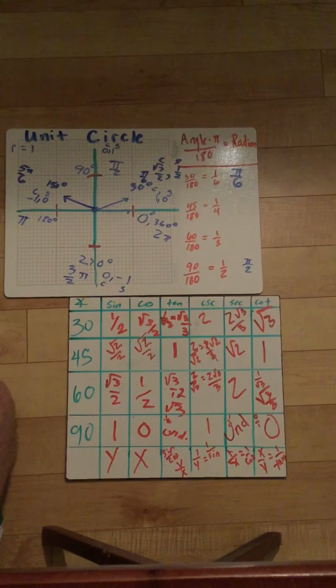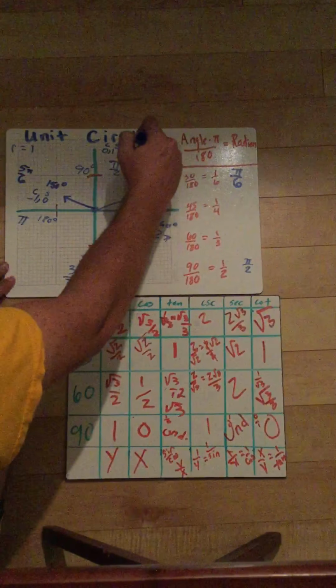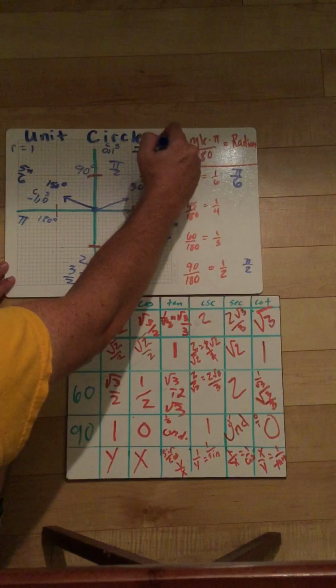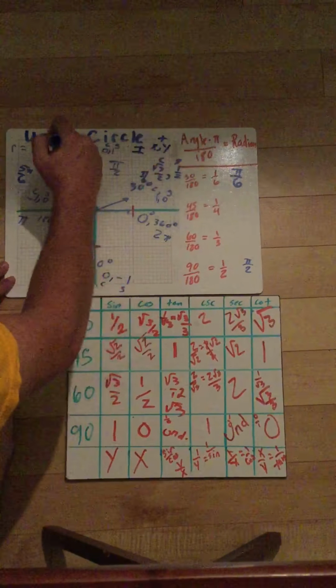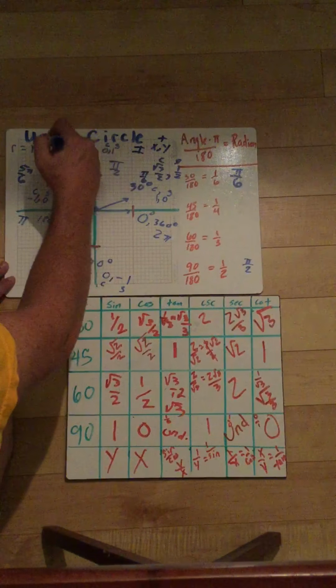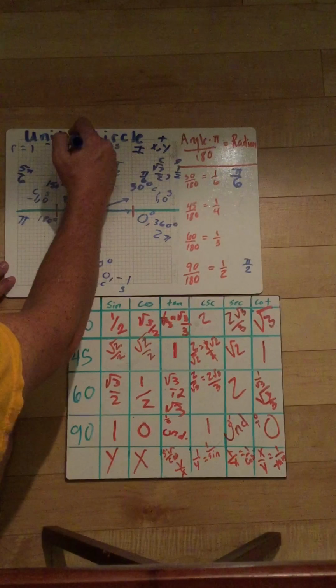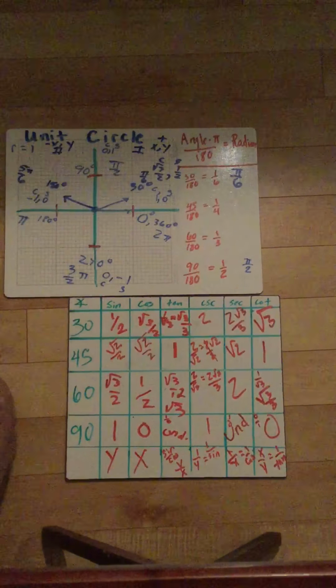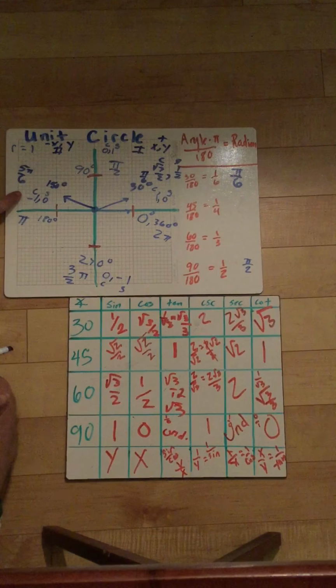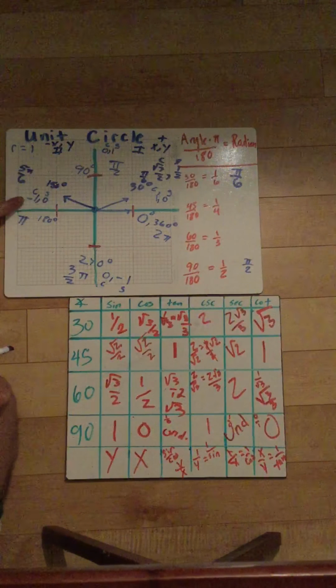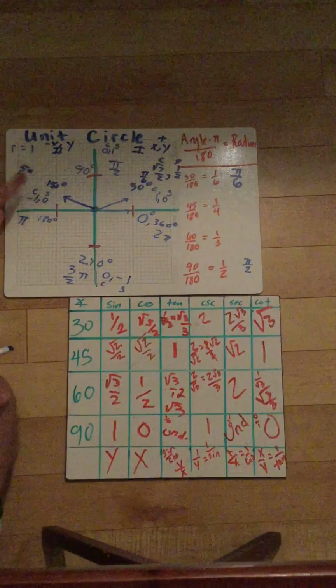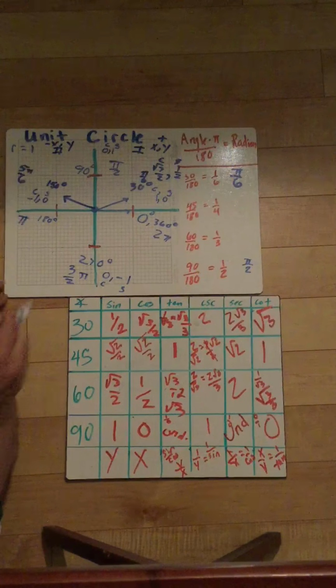Now, one of the things I know about my quadrants, in quadrant 1, x and y are both positive. In quadrant 2, my x values are negative, and my y values are positive. So what this tells me is in this quadrant, all of my cosine or x values are negative. All of my sine or y values are positive.